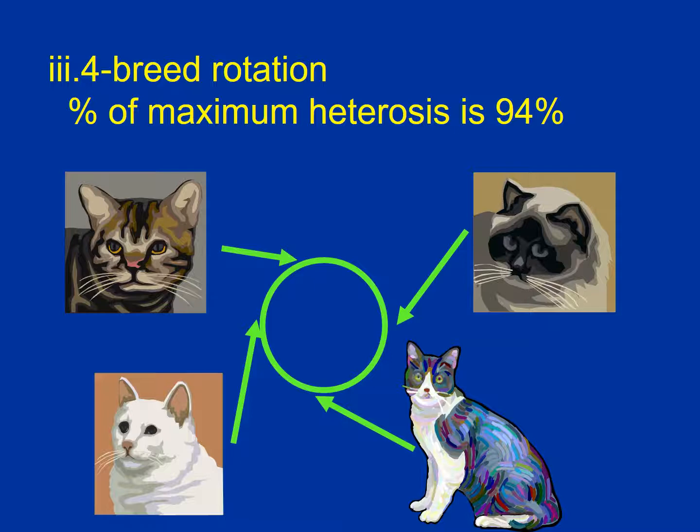So the advantage would be picking up a slight advantage over a 3-breed rotation, but you've got to worry about a 4th additional breed. Anyway, this is what the 4-breed rotation might look like, and that kind of concludes this video on introduction to crossbreeding and rotational systems.